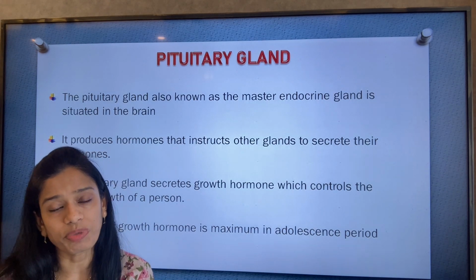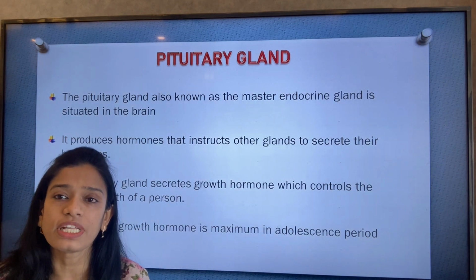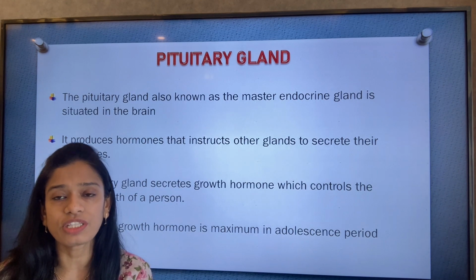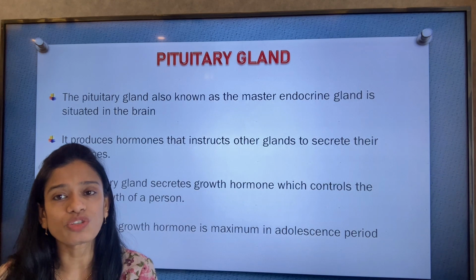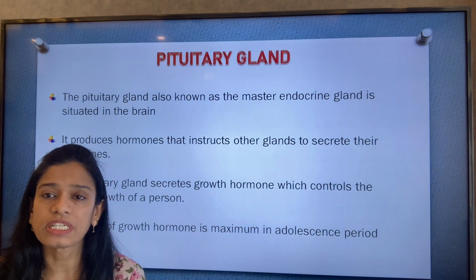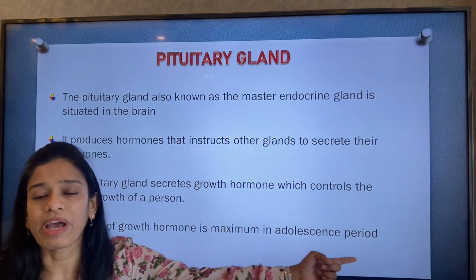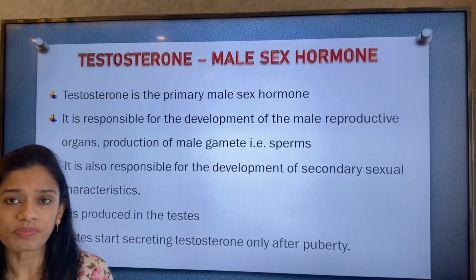Whatever increase in height takes place is mostly till the age of 18 to 20, during the adolescence period. Once the adolescence period is over, mostly the person does not grow in height.